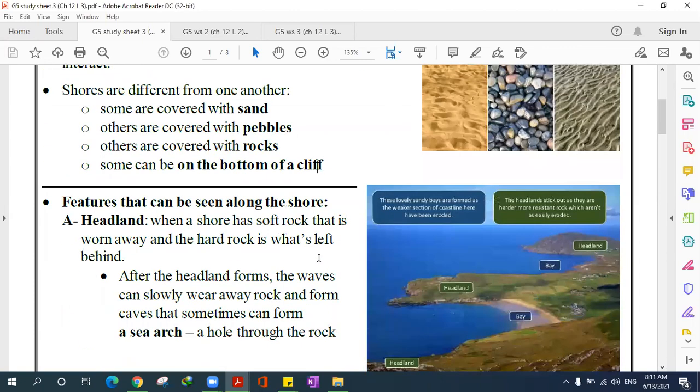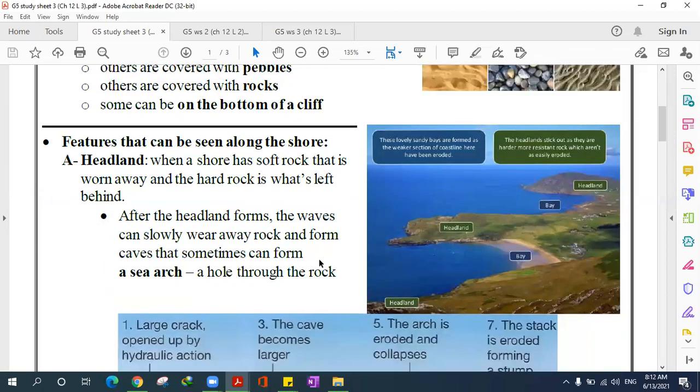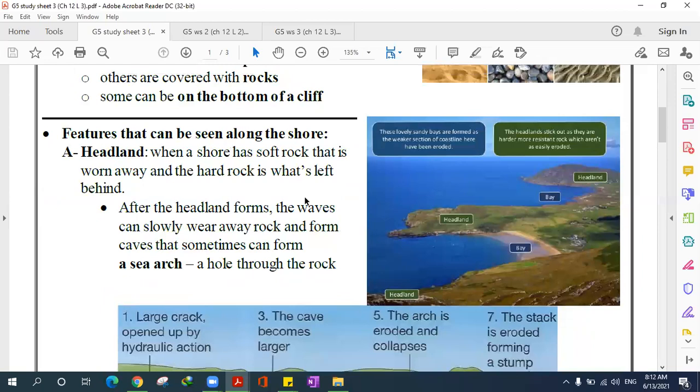So there are different features that we can see over this shore area or the shoreline. The first one is the headland, a really famous feature that we could see. Maybe some of you didn't see it here, but you must have seen it somewhere, maybe on TV, or while searching about shores or oceans.